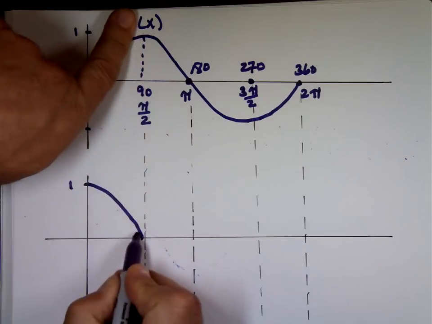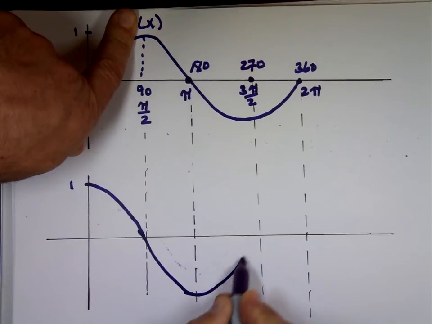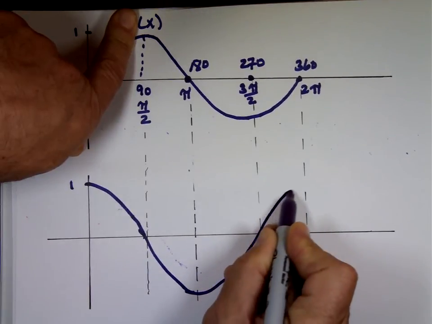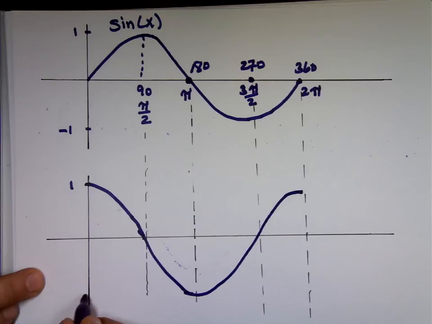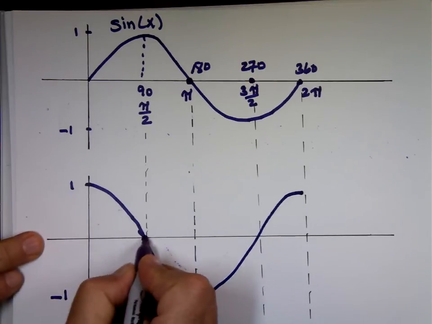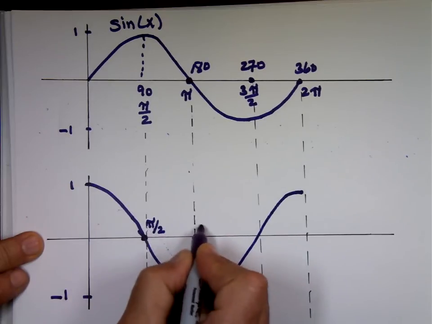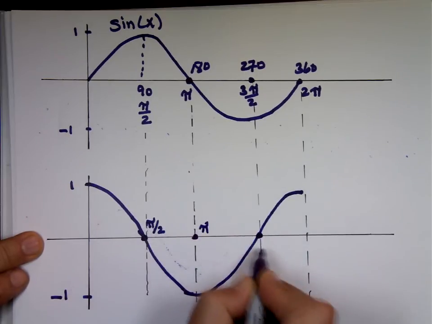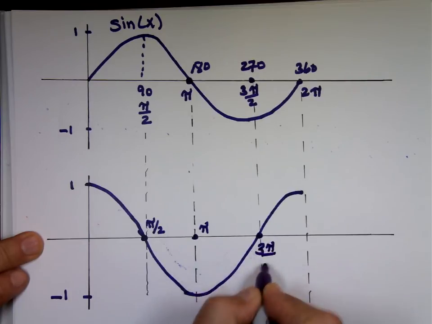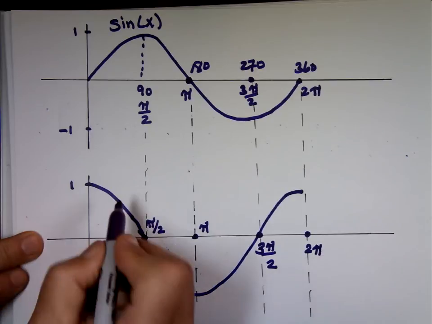So it hits this point, then it goes back to -1, back to 0, back to 1. This is the 90 degrees again, the pi over 2. This is the pi. This is the 3 pi over 2. And that's the 2 pi. Cosine x.